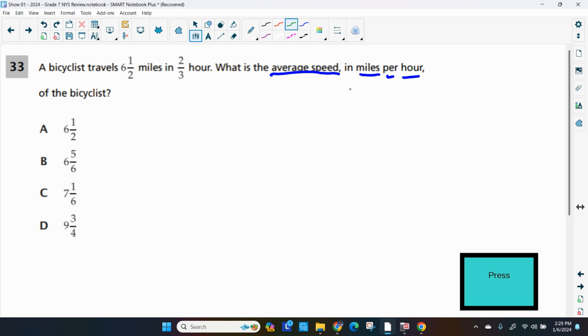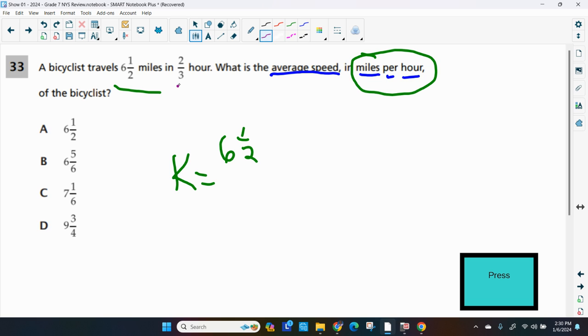And that's some type of rate that this person is going in miles per hour. Well, right here, how many miles did he go? 6.5. Because we were talking about constant of proportionality a second ago. So the average speed in miles per 1 hour would be the K value or constant of proportionality.